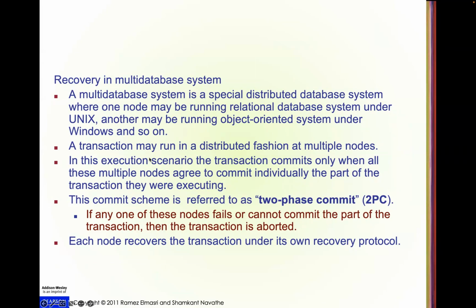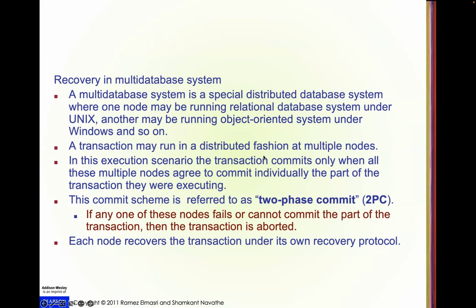In this execution scenario, the transaction commits only when all these multiple nodes agree to commit. All these systems running different operating systems and different types of relational or object-oriented databases have to agree that they are ready to commit.